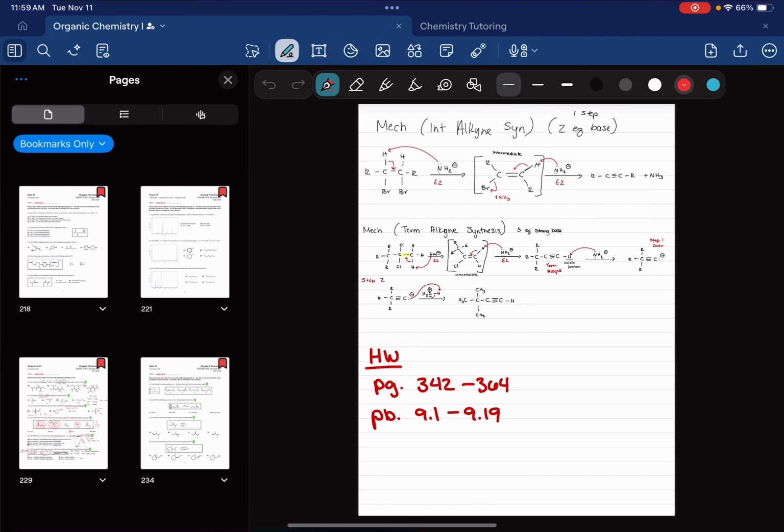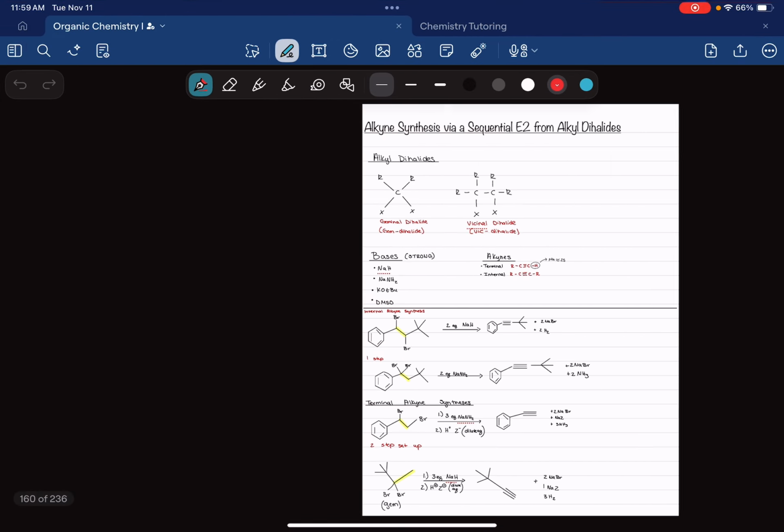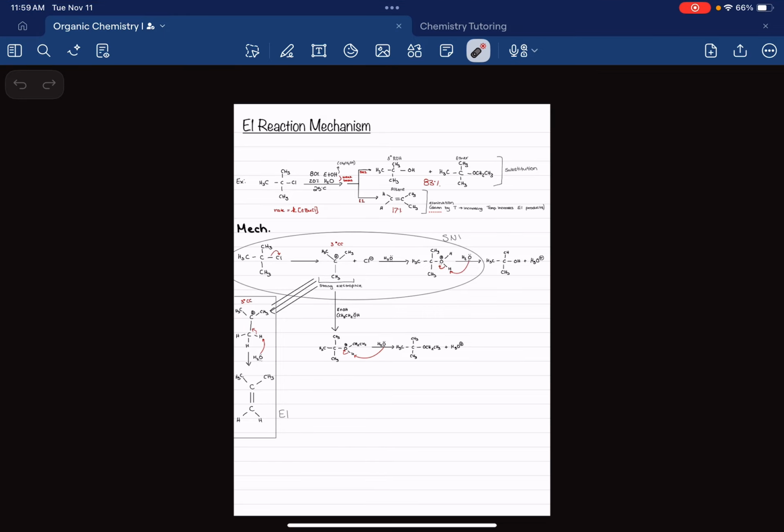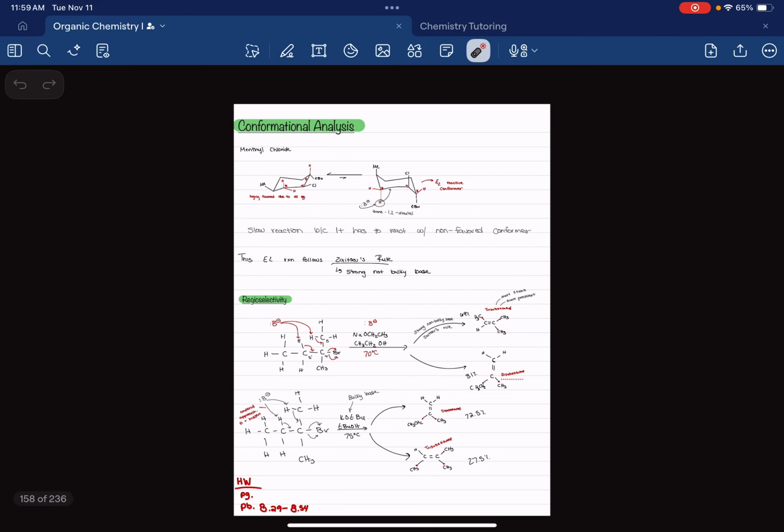Let's look at the antiparaplanar. I wish this, oh, it's working now. Cool. Okay.